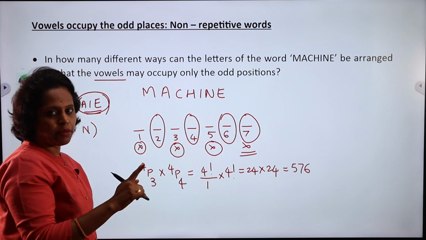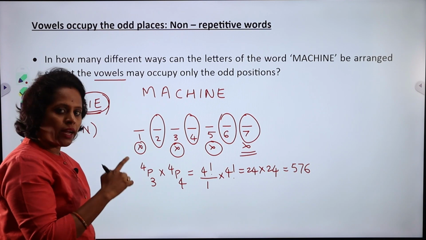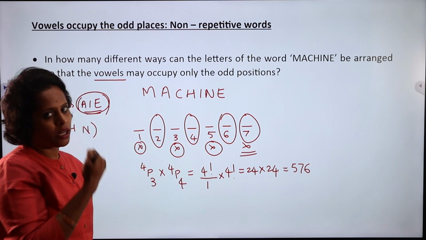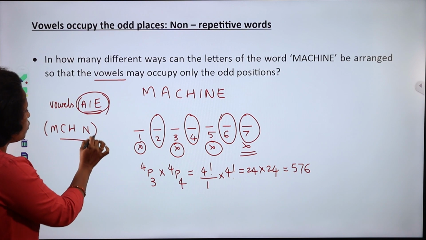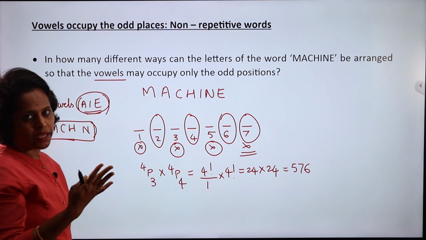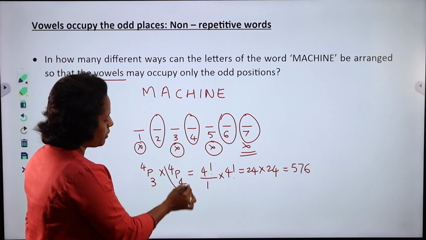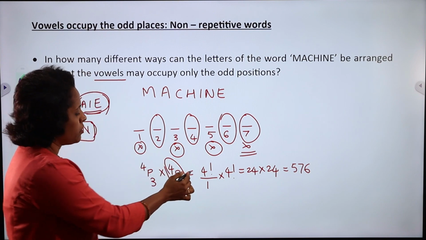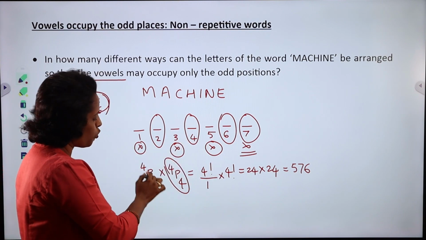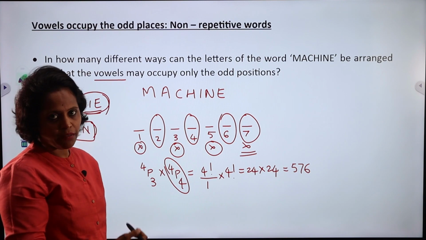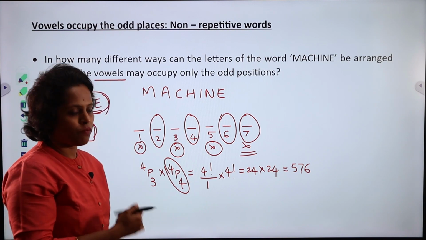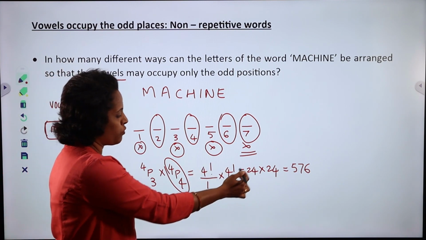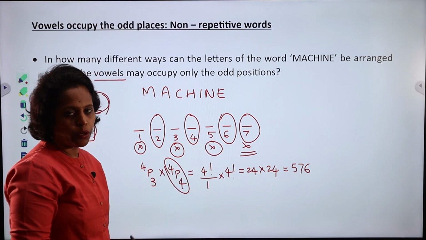So we have 1 empty position in odd, and 3 empty positions in even numbered, right? So the 4 consonants have 4 places now. That can be filled in 4P4 ways. 4P4 is 4 factorial, 4P3 is 4 factorial by 1 factorial, which will again be 4 factorial. 4 factorial into 4 factorial is 24 into 24.